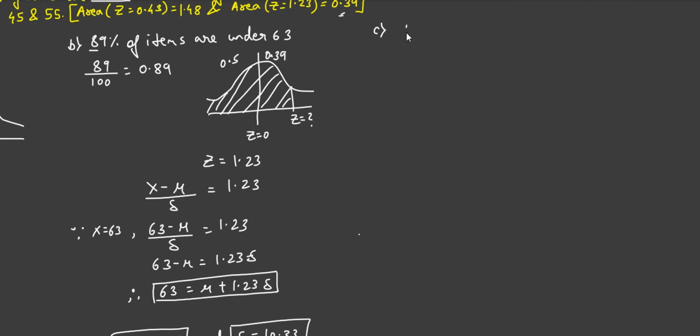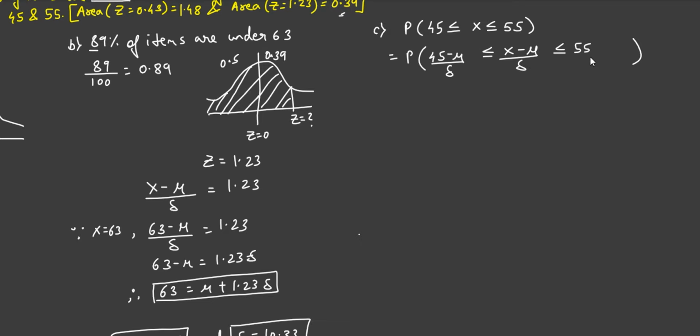Okay, probability between 45 and 55. So we know x is 45 here and 55 here, and z is x minus mu divided by sigma.